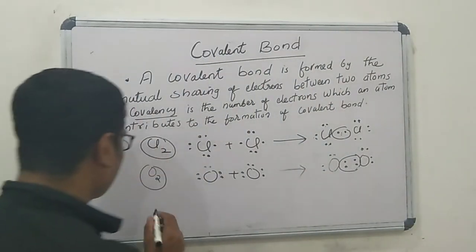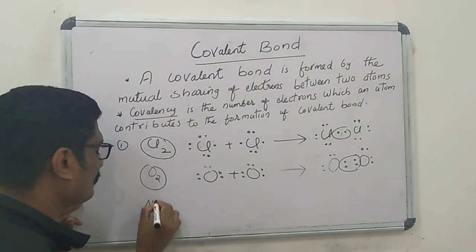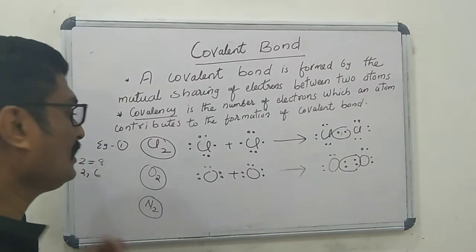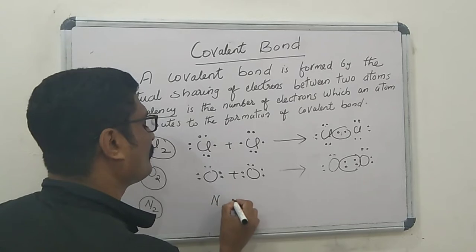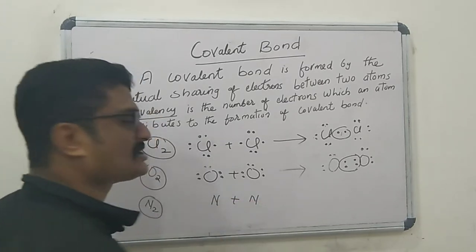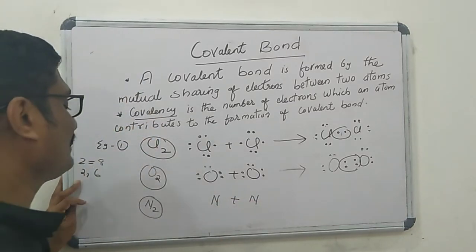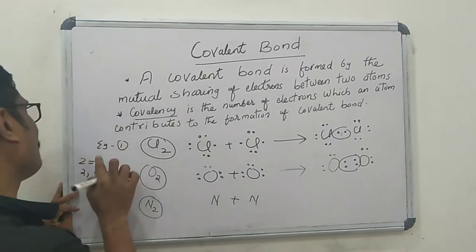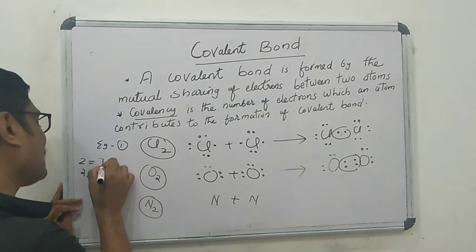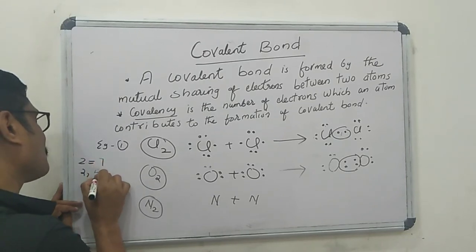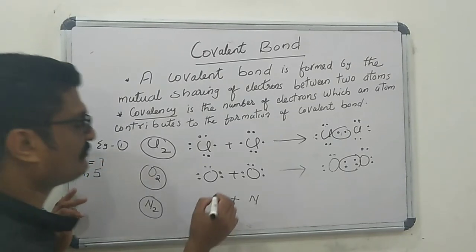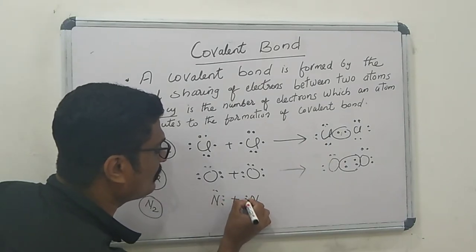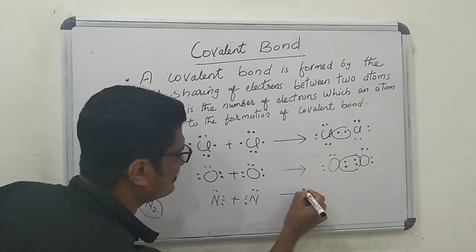And the third example is formation of N2, a nitrogen molecule. The nitrogen molecule is formed by the combination of 2 nitrogen atoms. The atomic number of nitrogen is 7. Its electronic configuration is 2, 5. That means the nitrogen atom has 5 electrons in its valence shell.